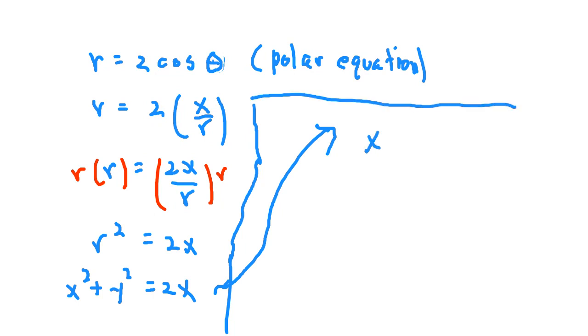Well, then x squared minus 2x plus y squared equals 0. And how many remember completing the square? We're going to complete the square here.